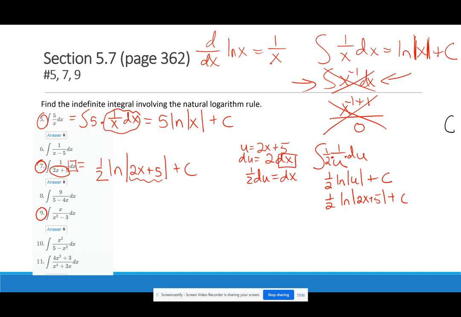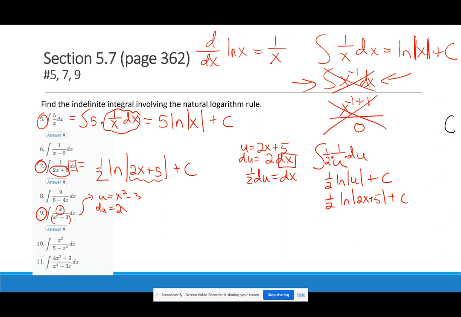All right, it might be a tad harder to see it, but on number 9, you could use pattern recognition because the derivative of the denominator would be 2x, and there you have an x. So all you'd have to do is counteract the effect of the 2 by multiplying by 1/2. Okay, let's go ahead and just do this one using u substitution. So for number 9, I would let u be x squared minus 3. And again, it's that denominator being to the first power that makes me think to do this.